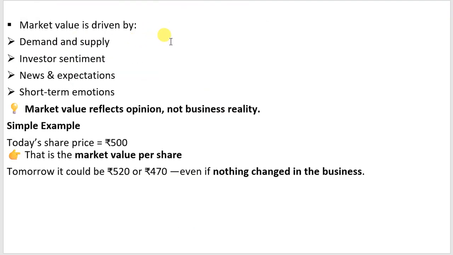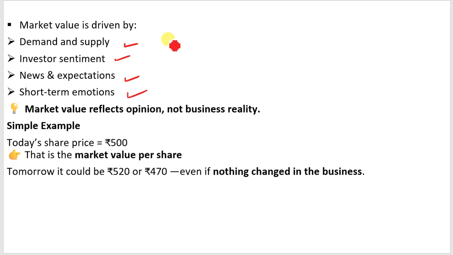Why does market value fluctuate second to second, minute to minute? It is driven by demand and supply of the shares, investor sentiments, news and expectations, and short-term emotions.